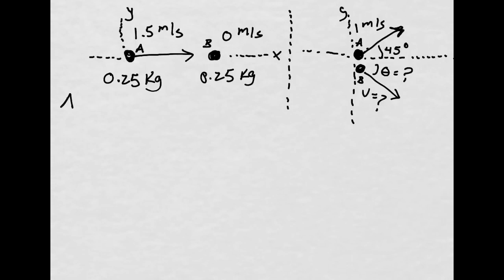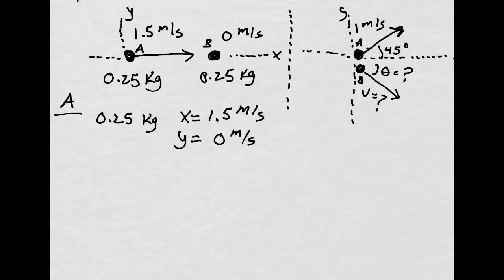Ball A has a mass of 0.25 kilograms. It has an initial velocity in the x direction of 1.5 meters per second. In the y direction, it has 0 meters per second because it's only going to the right.